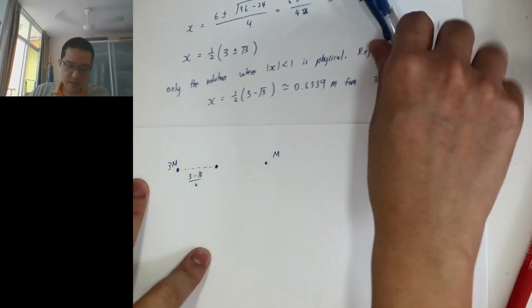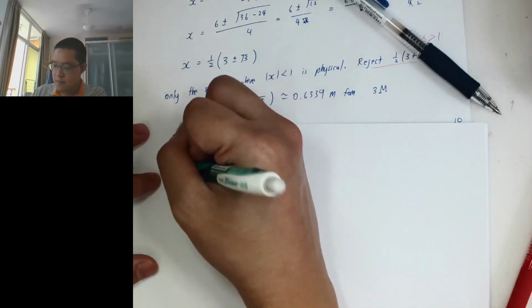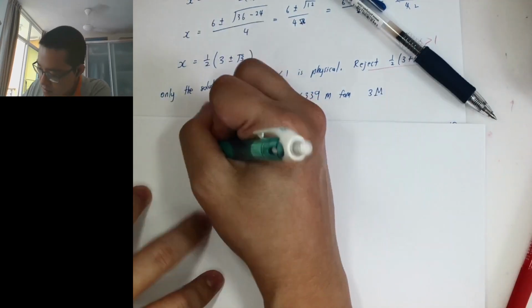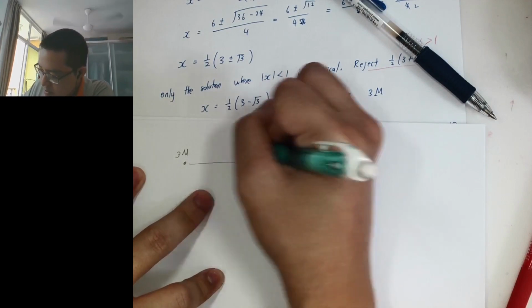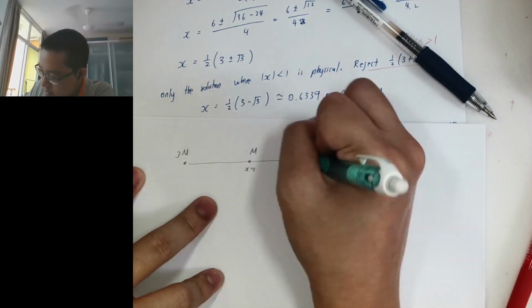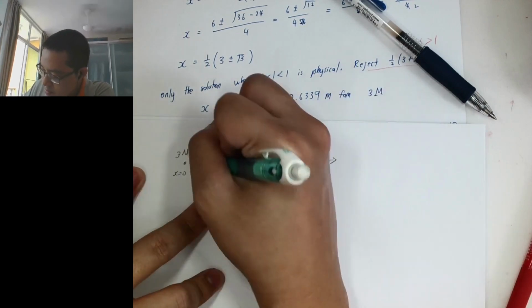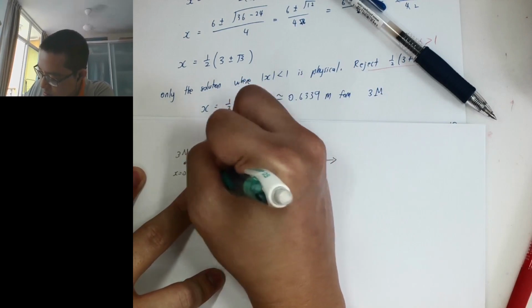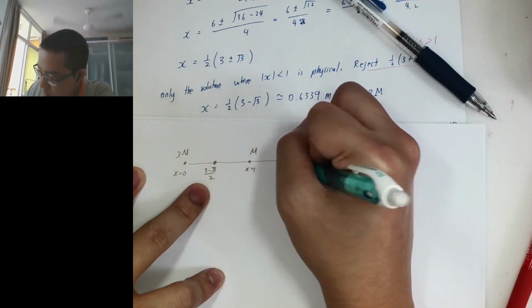And then my other solution is over here, right? I should do it this way. So this is my 3m, this is my m, so this position is x equals 1, right? So if I take x as my origin, this part is 3 minus root 3 over 2, and then this part is 3 plus root 3 over 2.